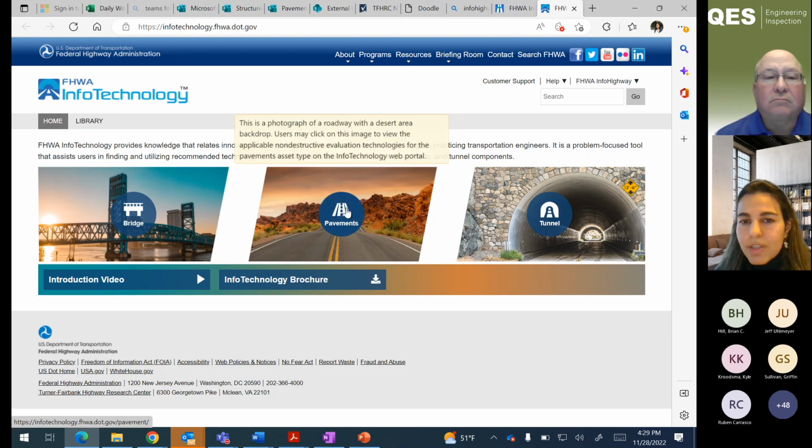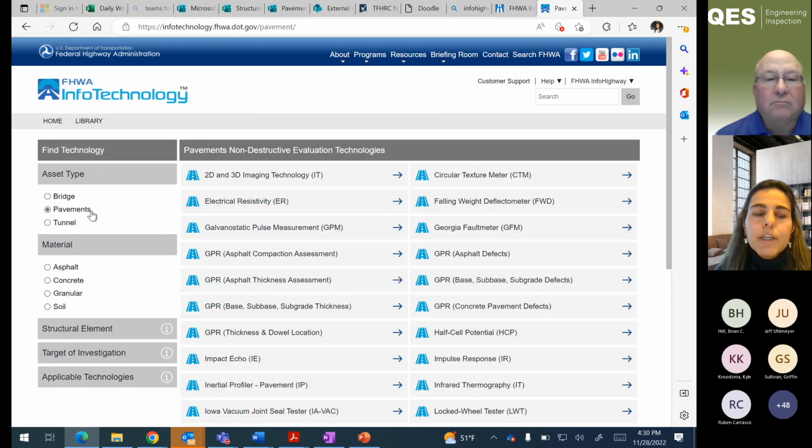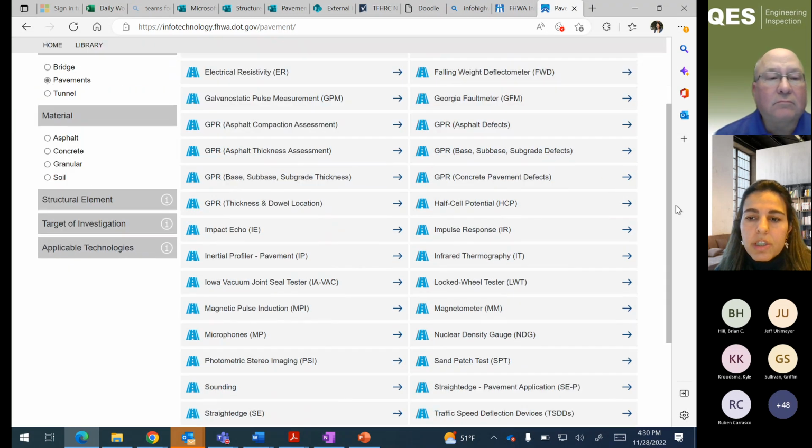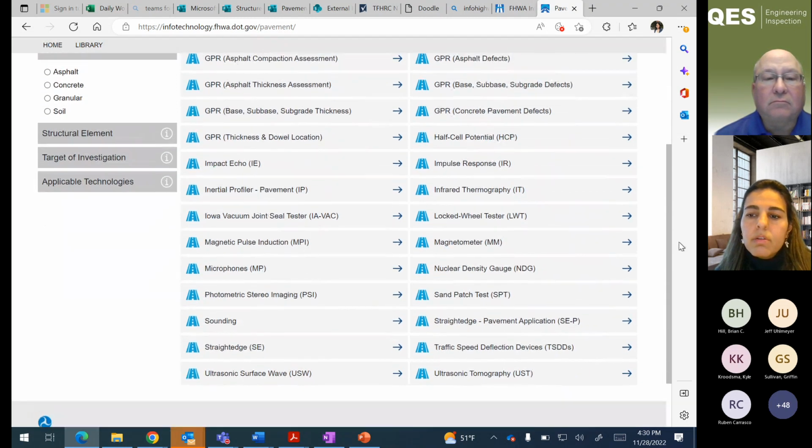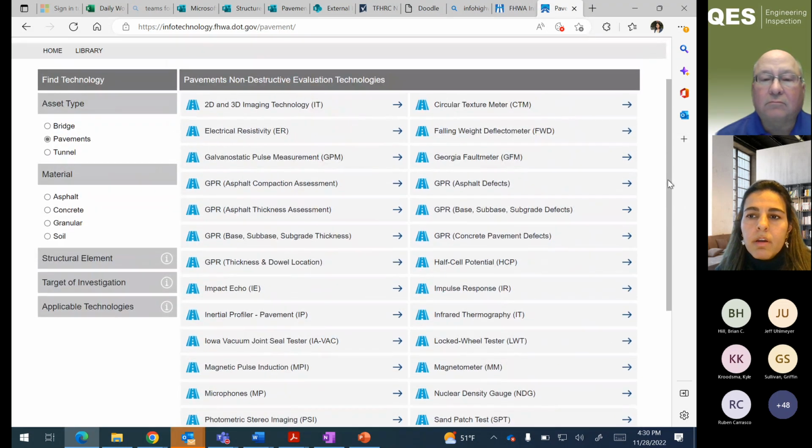Since the focus of this meeting is pavement, we go directly to the pavement. Here on the right, you see all the technologies that are applicable to pavement, no matter the material, target of investigation, or application. So these are all the technologies.